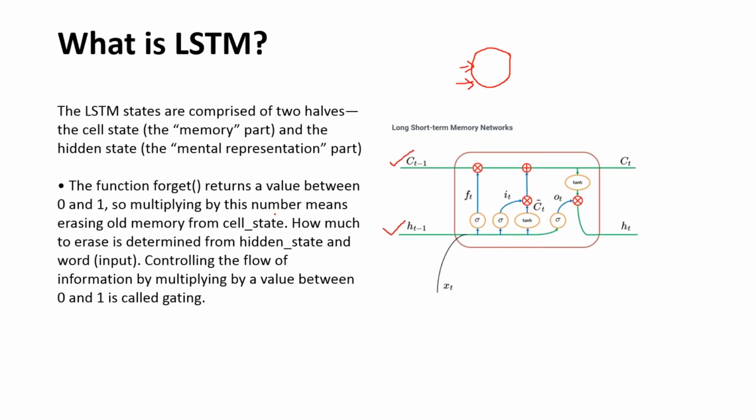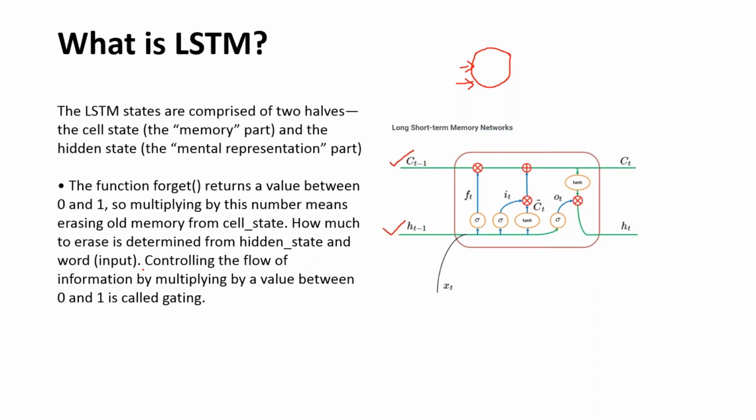The forget function returns a value between 0 and 1. Multiplying by this number means erasing old memory from the cell state. How much to erase is determined from the hidden state and the word input.